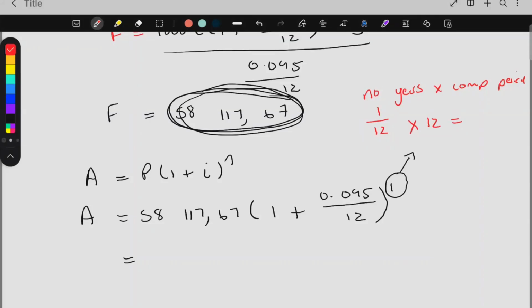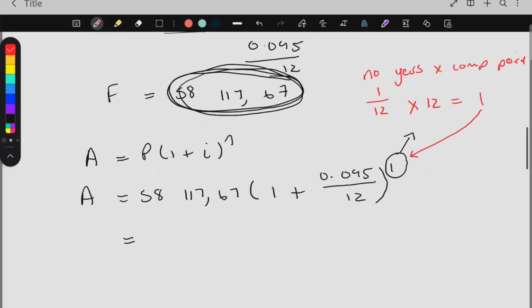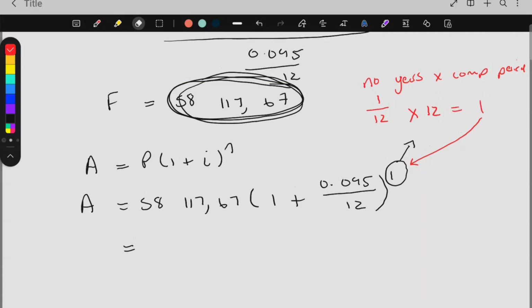If you multiply those two, you get 1. And that's where the 1 comes from. If it was for 2 months, you would say 2 over 12 years, and then times 12, and then you would have a 2. But remember, the reason why I'm telling you that is it's not always 12 over here.